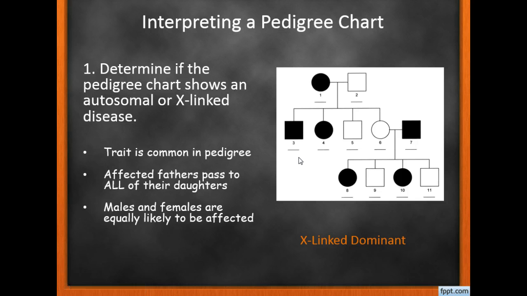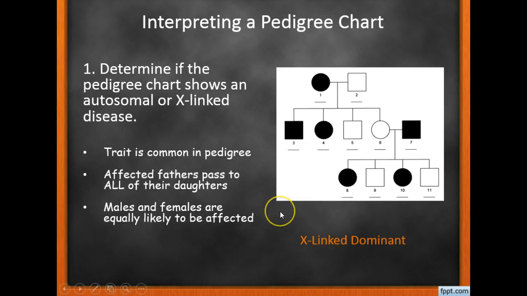The second characteristic is that all infected fathers, or all fathers that are affected by this gene, will pass it on to their daughters, because they only have one allele to pass down from the X-linked chromosome. So both of these females will have it because the father has that gene.